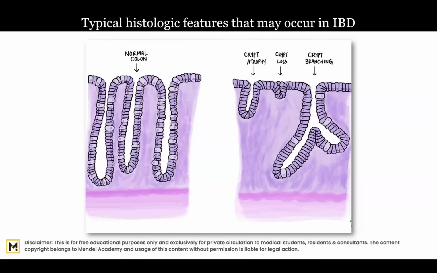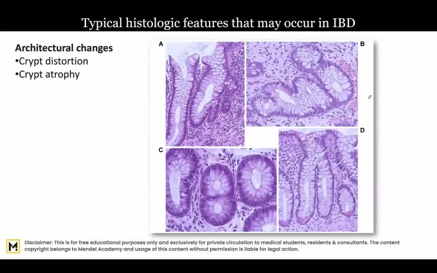Sometimes there is complete loss, which means there is no lumen. It is completely blocked off. And the third thing is distortion of the crypts, which can be in the form of branching. So these are the three important things that you see in IBD, but more in ulcerative colitis.